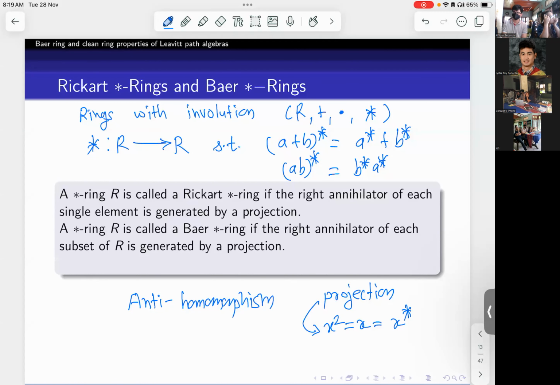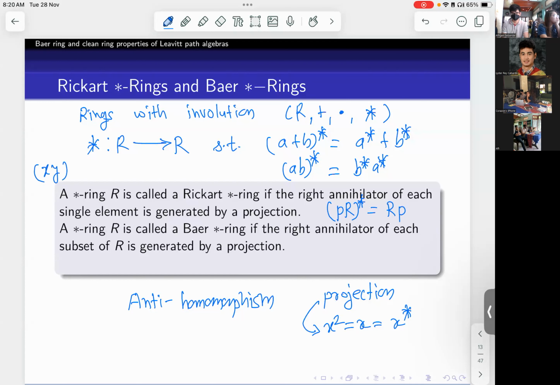A star ring is called a Rickart star ring if the right annihilator of a single element is generated by a projection. So that is, P star is P instead of just an idempotent. What this gives us is that we get away from the concept of right and left.